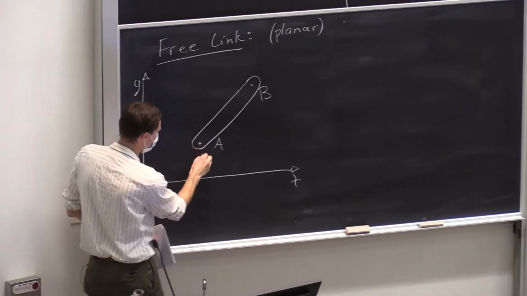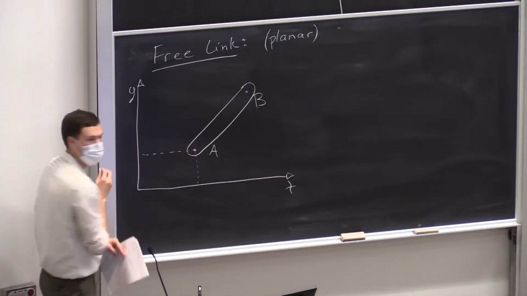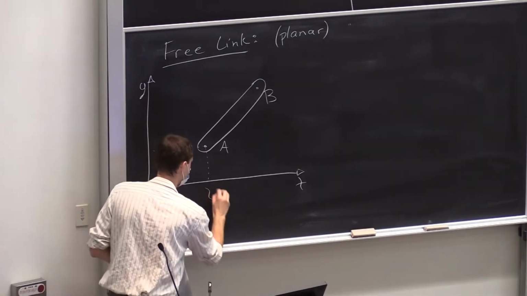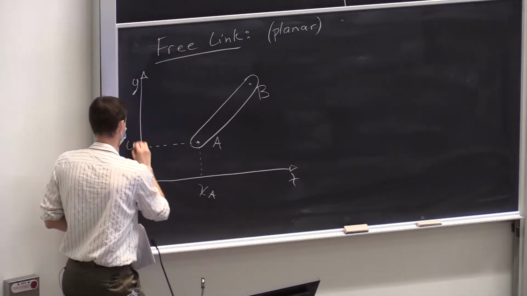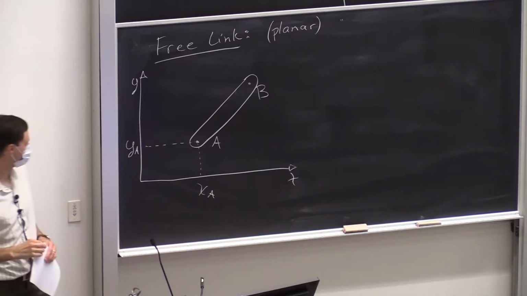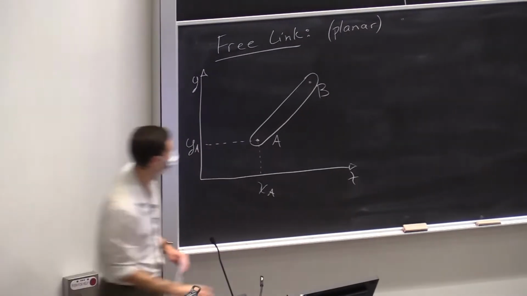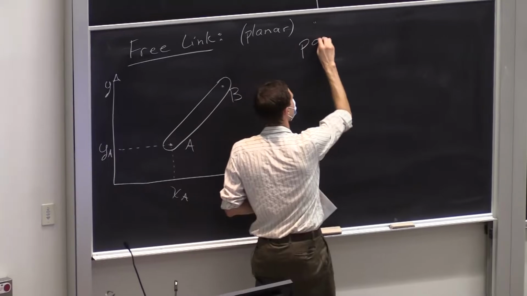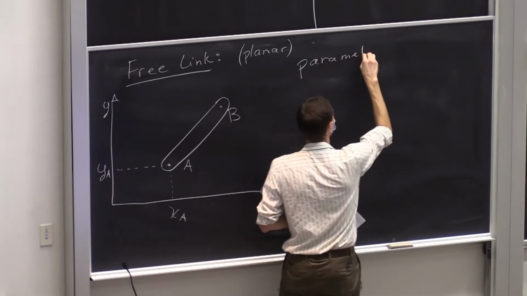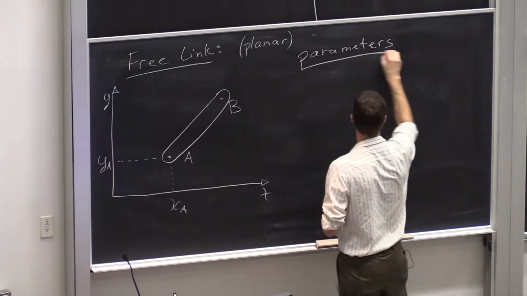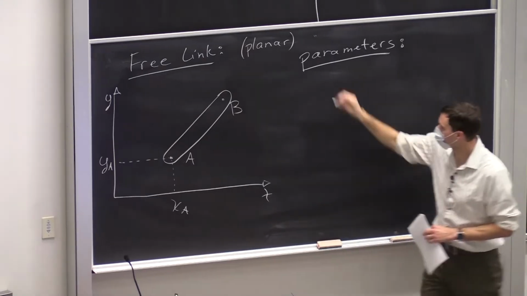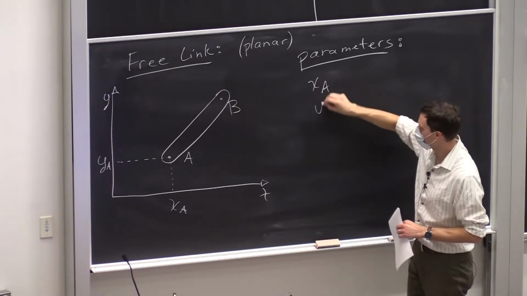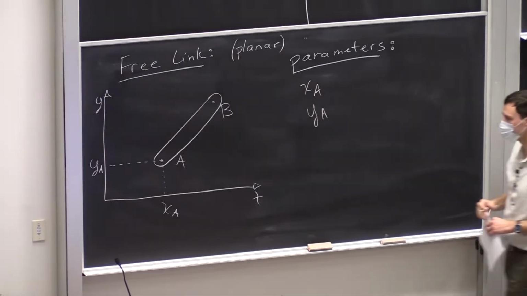One would be, let's track the x and y position of point A. I think that's a pretty nice one. So that's 2 parameters. We're going to keep track of these parameters of this link, xa, ya.